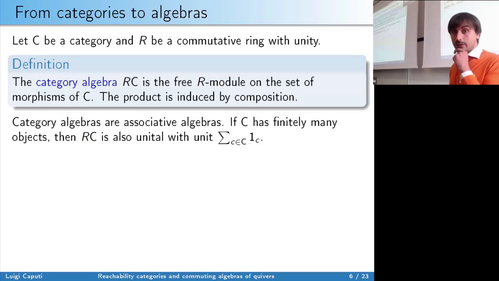And the product is given by the composition of paths. Category algebras are always going to be associative, and they're unital if and only if the category has finitely many objects. This is going to be important later as well.